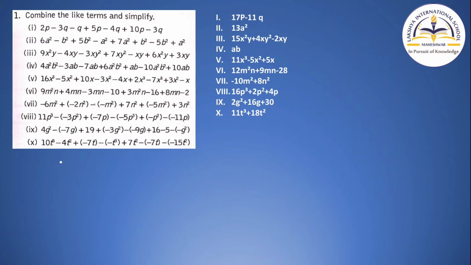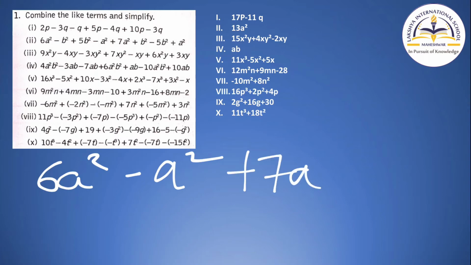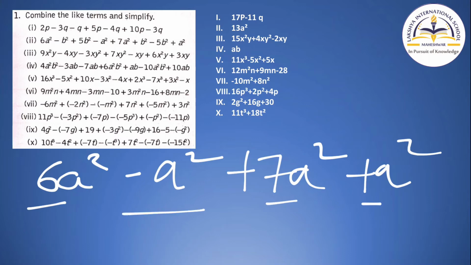What are they? 6a square, minus a square, plus a square, plus a square. These are the a square terms. Now you can see 7 plus 1 is 8, 8 plus 6 is 14, 14 minus 1 is 13, so 13a square.